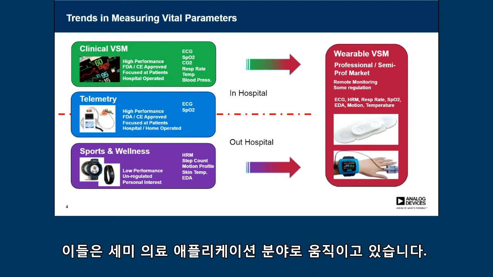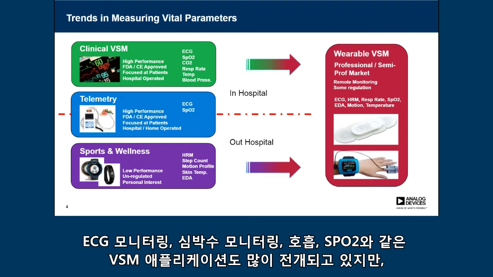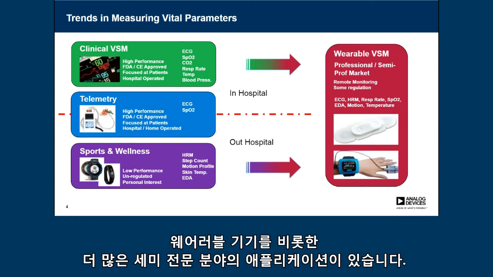So they move up the ladder towards the semi-medical applications. So there is a lot of activity ongoing in wearable VSM applications like ECG monitoring, heart rate monitoring, respiration, SpO2, but more in a semi-professional area, moving into wearable devices and patches.